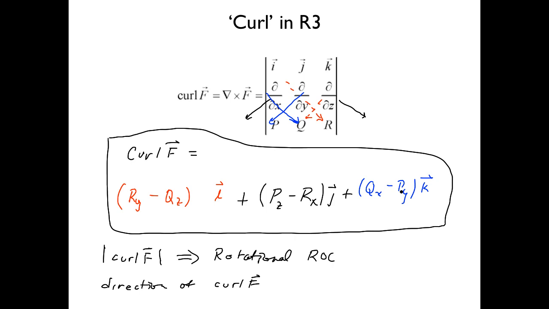When you do the contributions of all the three coordinate planes, right? You've got contributions from all three directions, and when you compile those all together, you're going to have some rotation in some direction, according to the right-hand rule, and the direction of the curl is going to point orthogonal to the plane of rotation at that point.